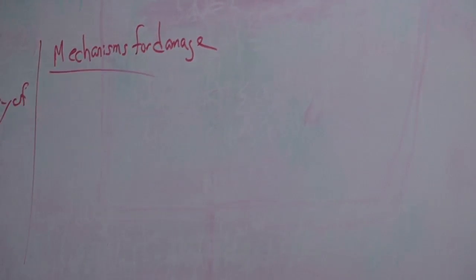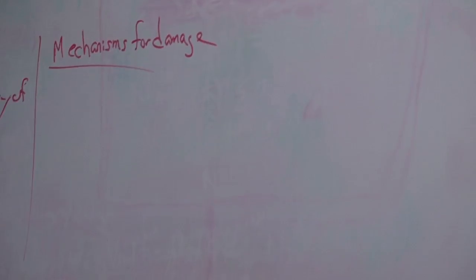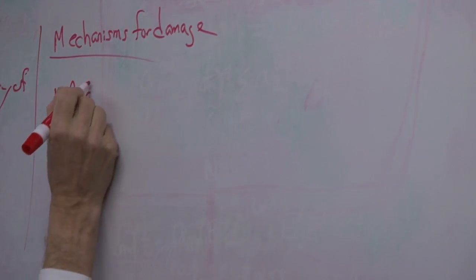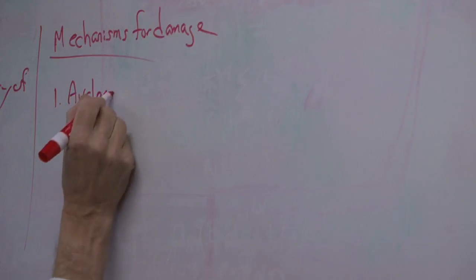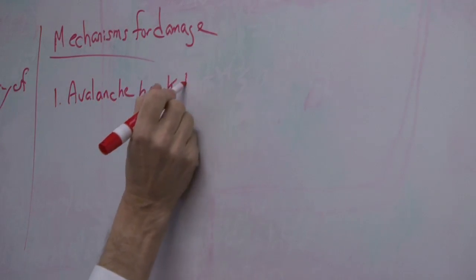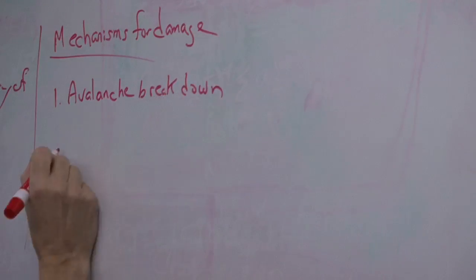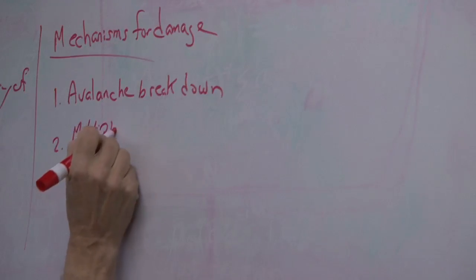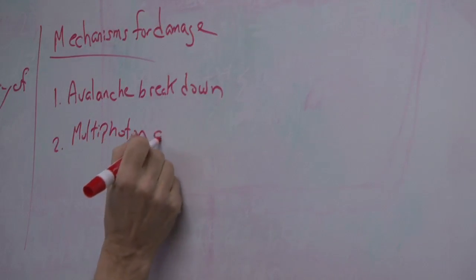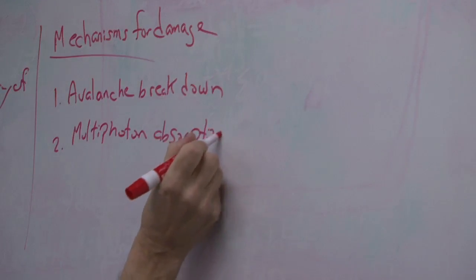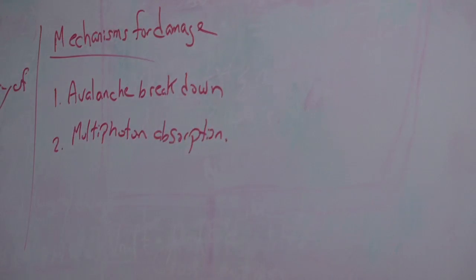There are two primary mechanisms for damage. First one is avalanche breakdown, and the other is multi-photon absorption. Now, avalanche breakdown is what we're going to talk about next.